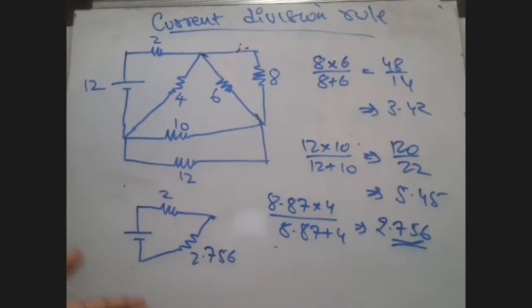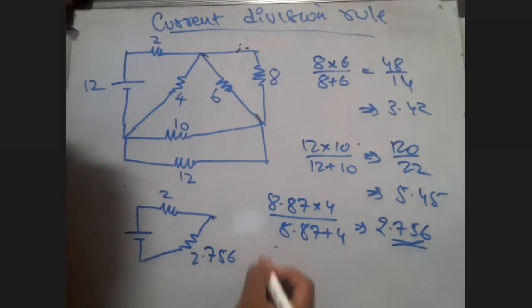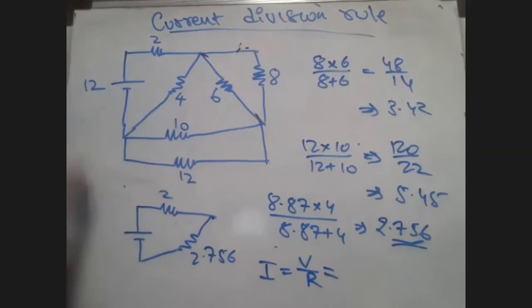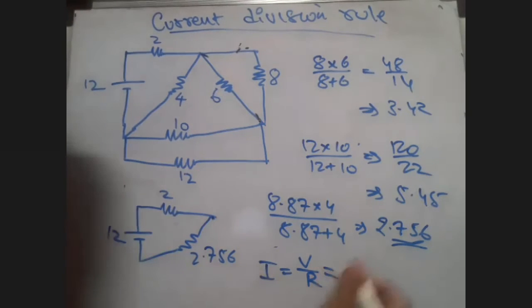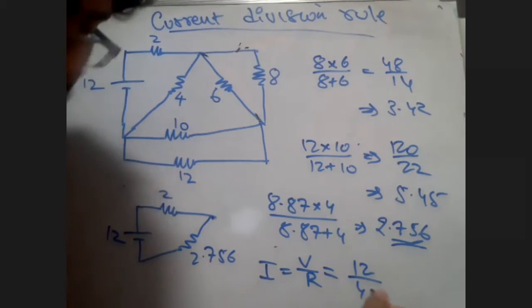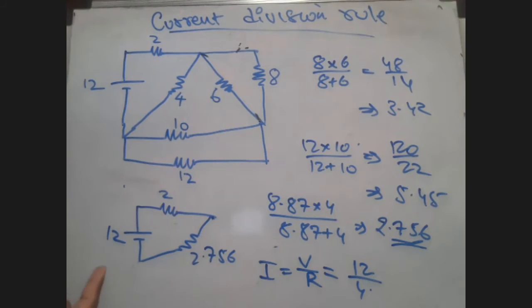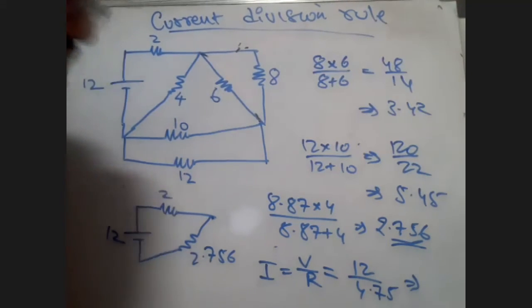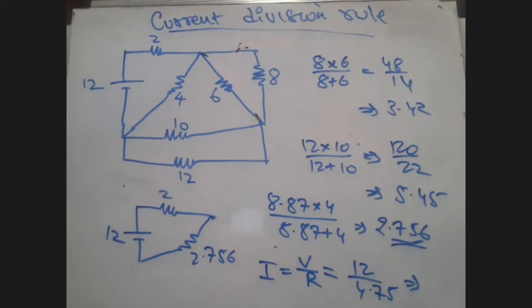In that case, what is going to be my total current? I will be equal to V by R. V is 12 volts. 12 upon 4.75. How many amperes?